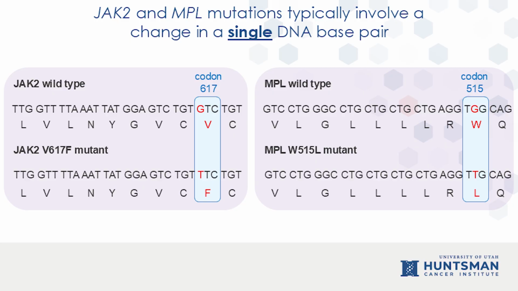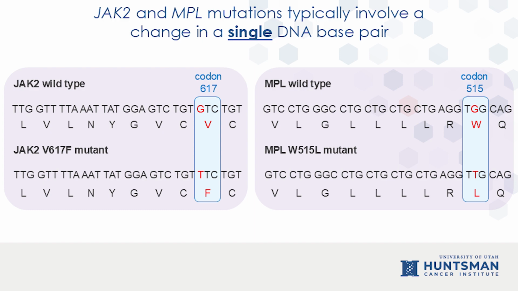The most common JAK2 mutation is JAK2 V617F. How that happens is you have this sequence GTC in the normal JAK2, and that G somehow gets changed to a T. And that one base pair change causes a valine amino acid, a V, to become a phenylalanine, or an F. And that's at codon 617, so JAK2 V617F.